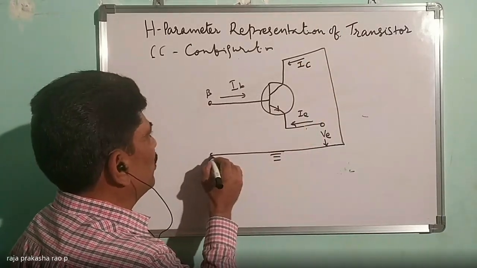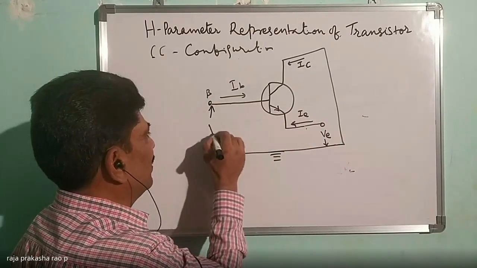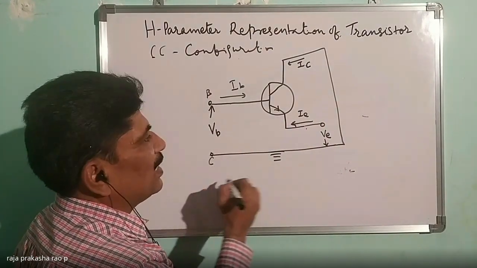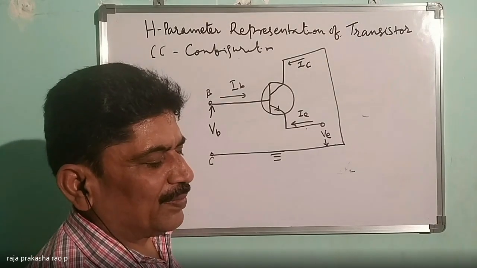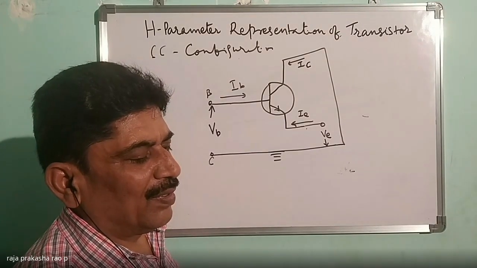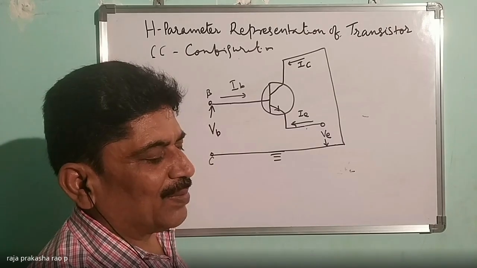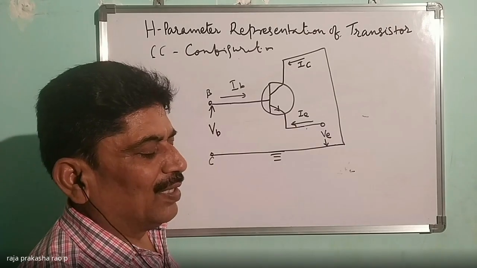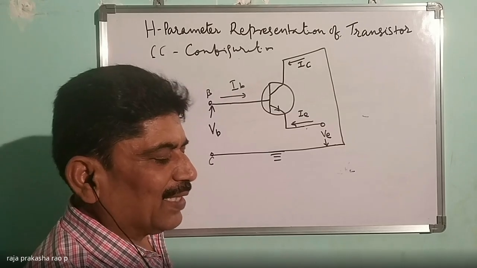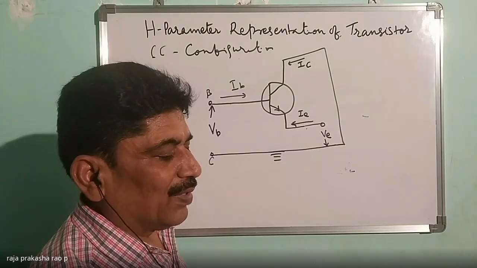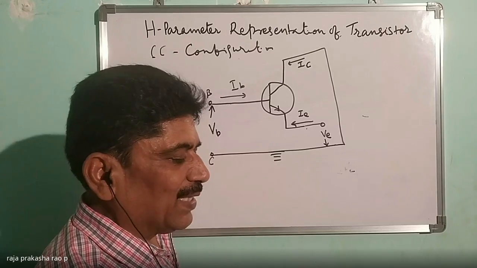Here the input voltage is VB. What is the output voltage? Tell me from the circuit. For common emitter, we take output from the collector. For common collector, we take output from the emitter.